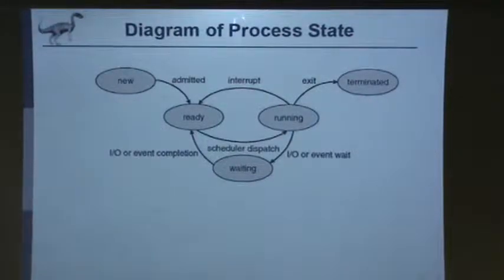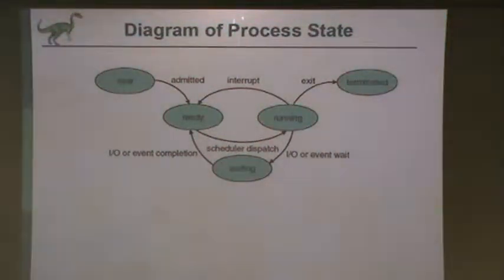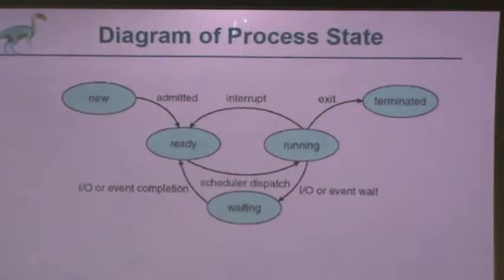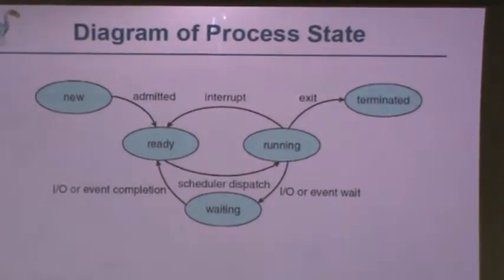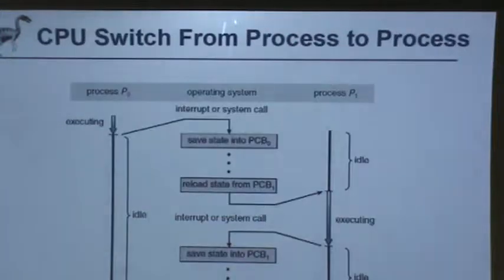Today we are going to see the details of how to create a process and how to terminate a process. Then when we create a number of processes, they sometimes need to work together. In other words, they need to communicate. So we will see how they communicate. That means inter-process communication, IPC, today.